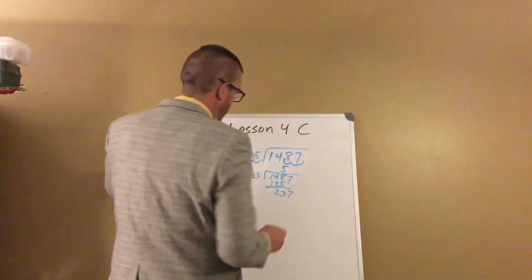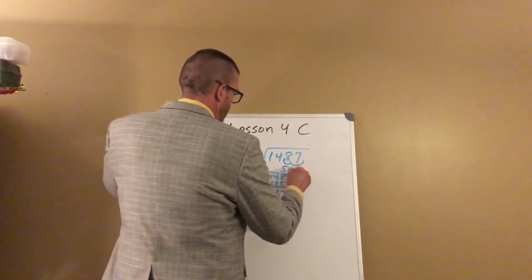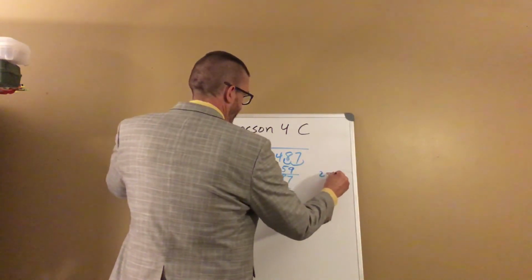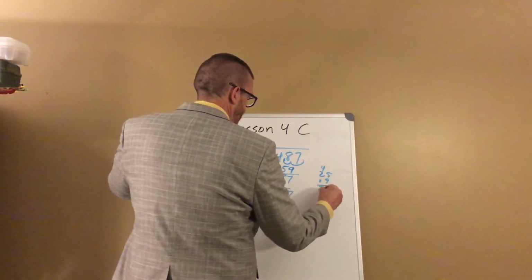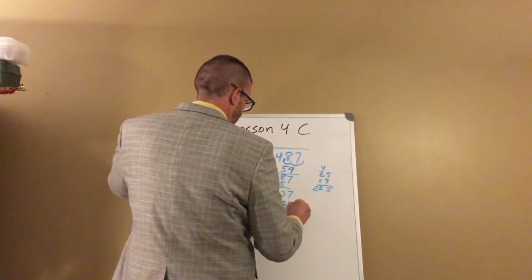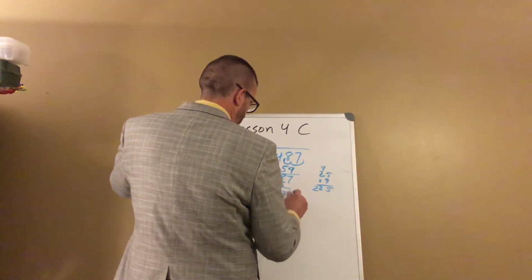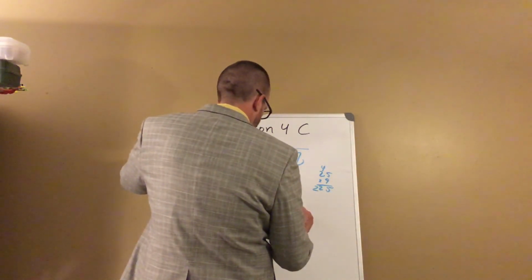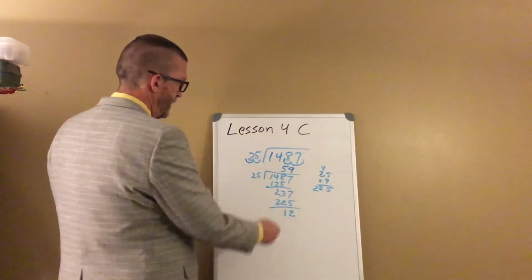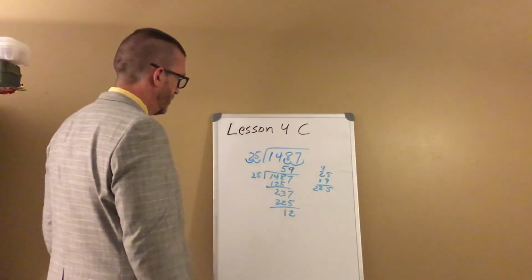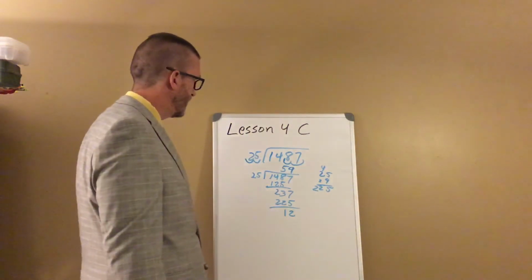And we can get another one 9 times. 9 times 25, 225. And we'd have some money left over. And we can't get another quarter out of 12 cents, so we get 59 quarters.